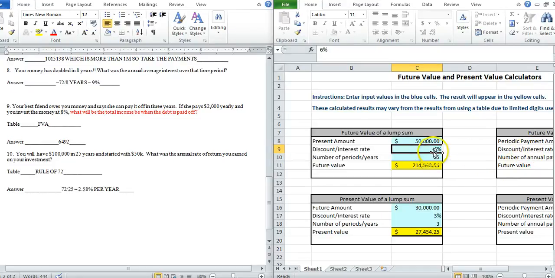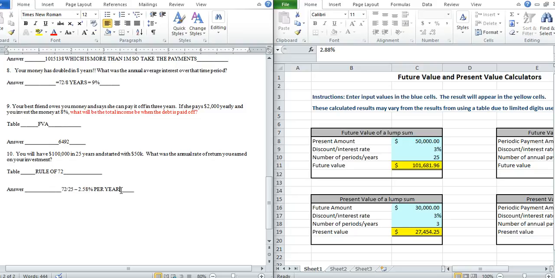You would again have to use iterations. So if you put in 3%, you could see that it was a little bit high. But if you went in here and you put in 2.8%, or I actually think it's 2.88, it gets you a little bit closer to $100,000.